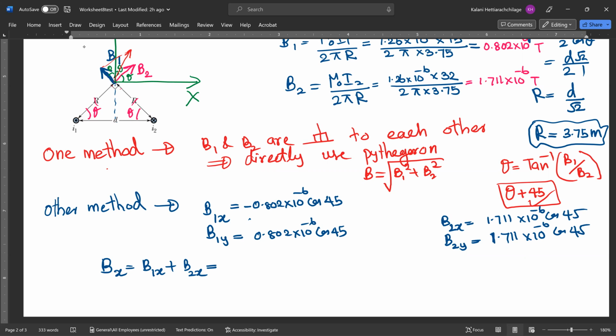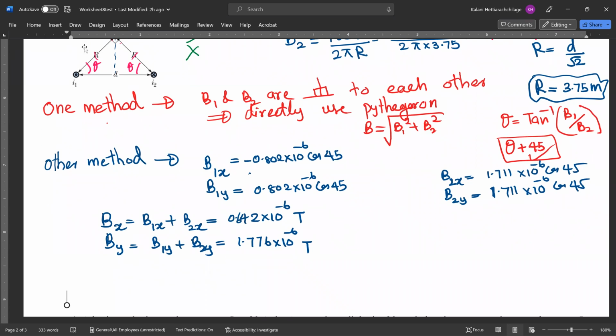What I get is 0.642 times 10 to the negative 6 for Bx. And By will be B1y plus B2y, and you're going to add them since both are positive. I have 1.776 times 10 to the negative 6 Tesla.